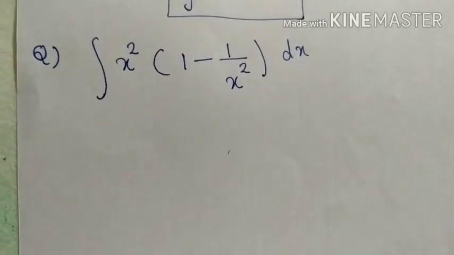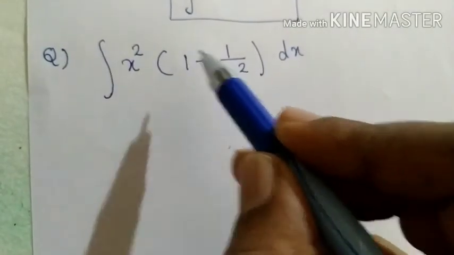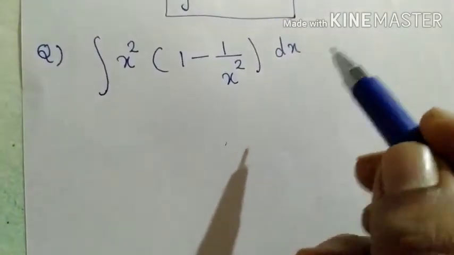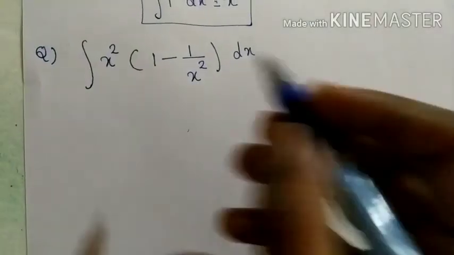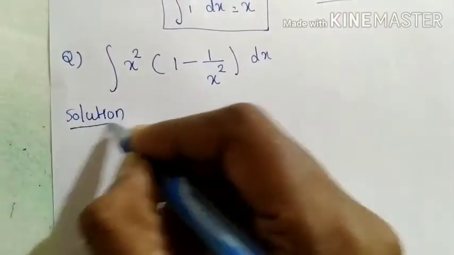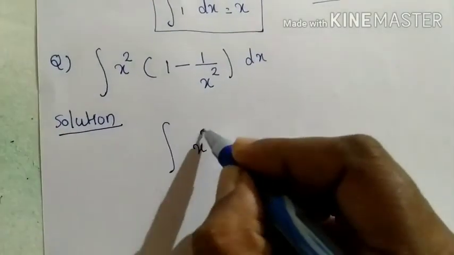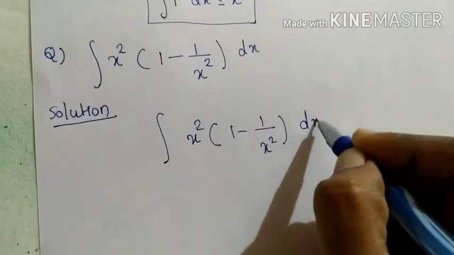This is our next question. Find integral x square into 1 minus 1 by x square dx. So let's start the solution of this question. Given integral x square into 1 minus 1 by x square dx, right?